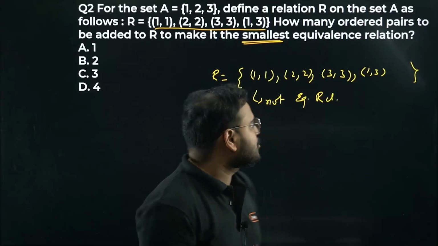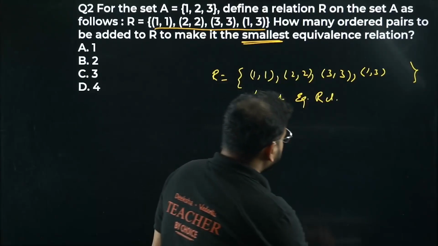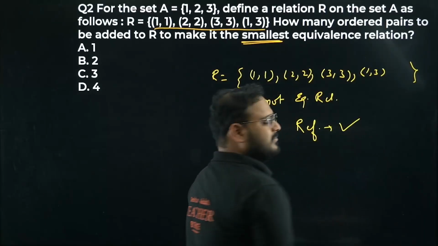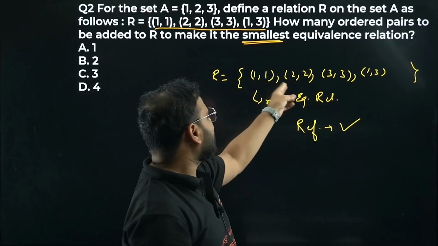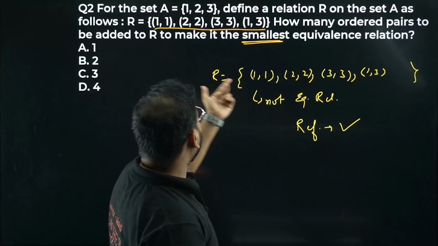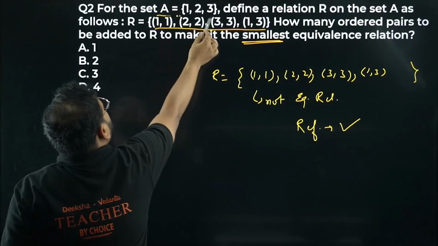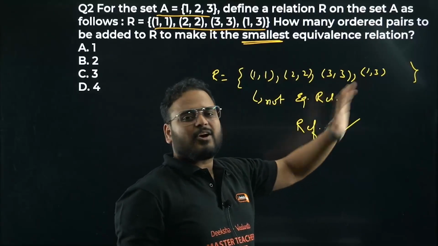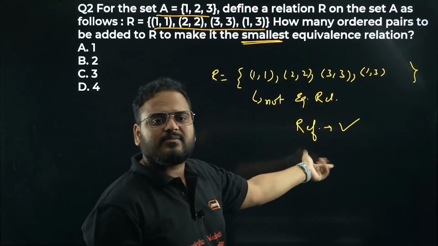That's as simple as that. Is it reflexive? Yes. Check this out: (1,1) is there, (2,2) is there, (3,3) is there. The set is defined as 1, 2, 3, so reflexive is true.